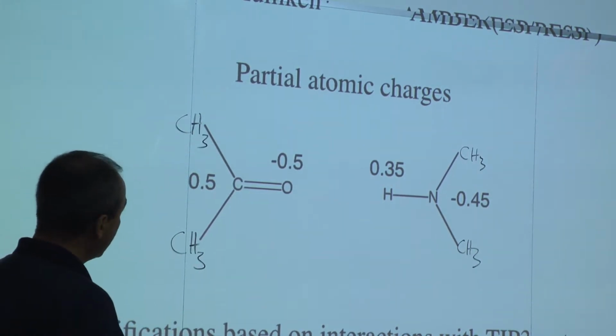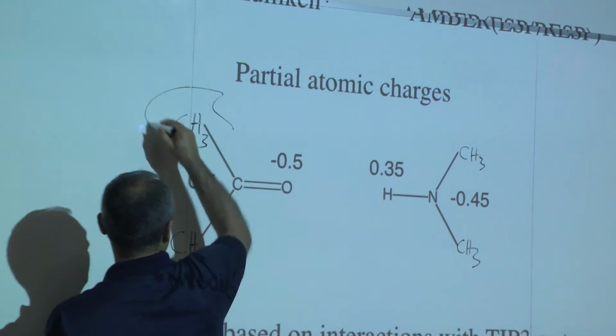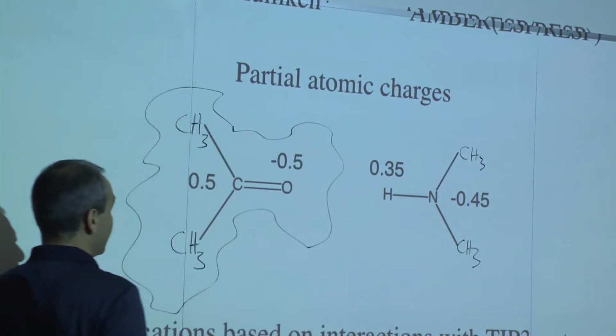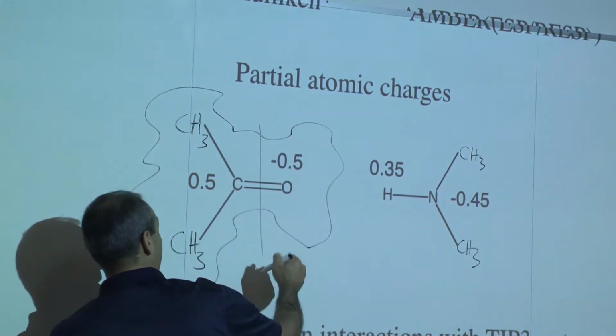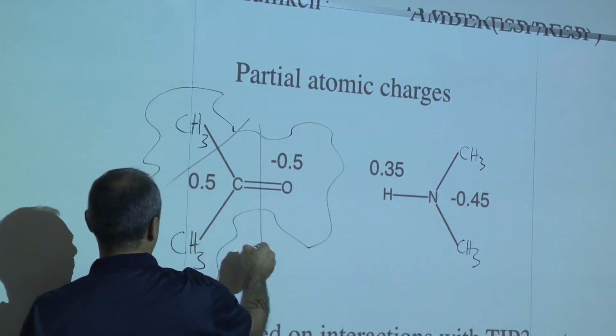Then there are ways of assigning partial atomic charges. You have a density of electrons around the molecular system, and then you can do some sort of population analysis. I will say, I think these electrons I can assign to the oxygen. These guys in the middle belong to this carbon, for example.